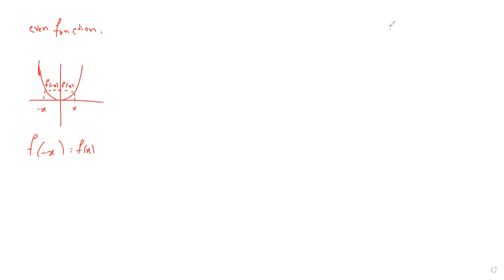For an odd function, on the other hand, the graph is symmetric with respect to the origin, the point 0, 0. Here is an example.